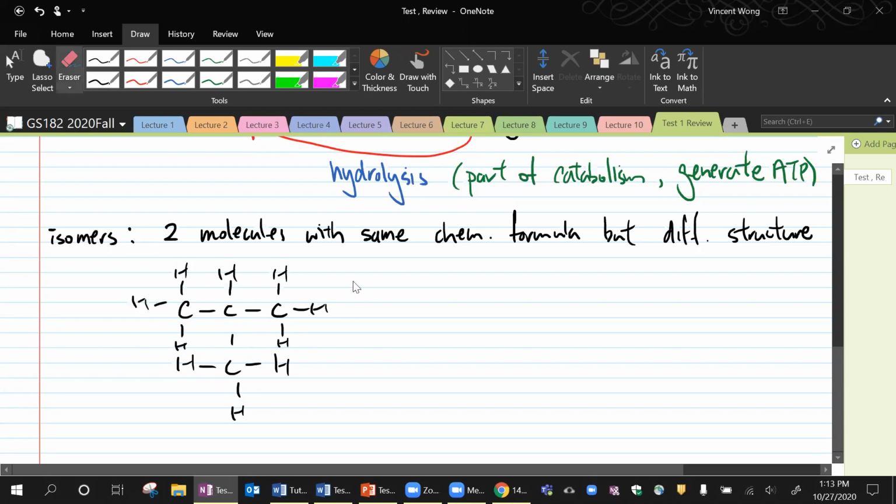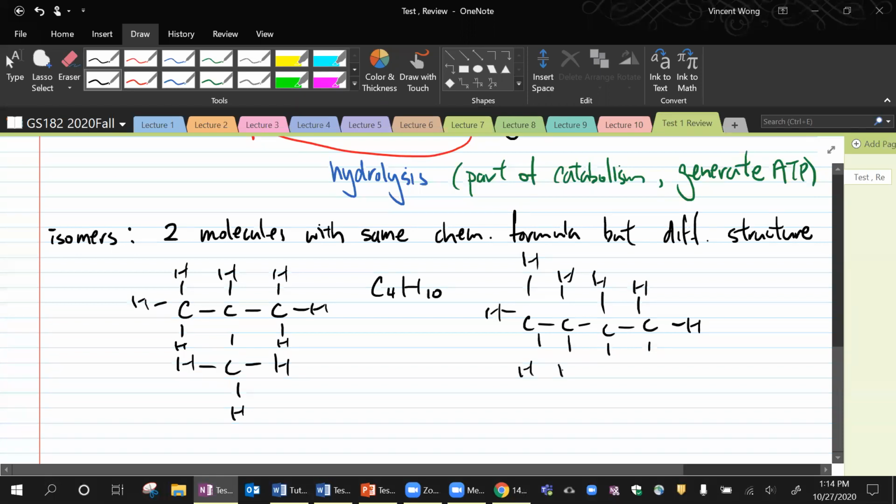If you count the carbon, it is C4 and then H10: 1, 2, 3, 4, 5, 6, 7, 8, 9, 10. But I can also draw it in another way: 1, 2, 3, 4, 5, 6, 7, 8, 9, 10, like this. So they are both C4H10, but the chemical structure is different. So that's what an isomer is.